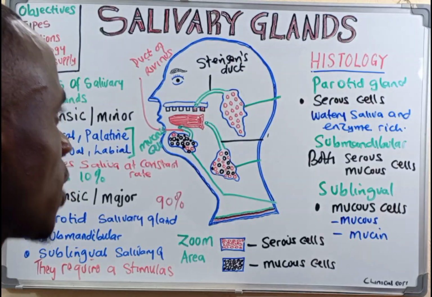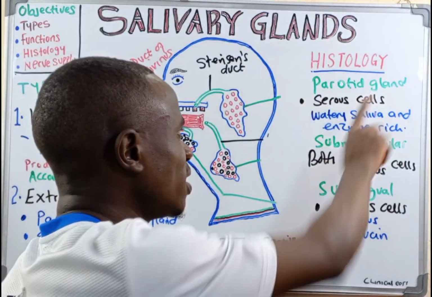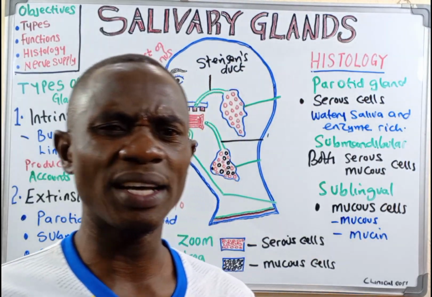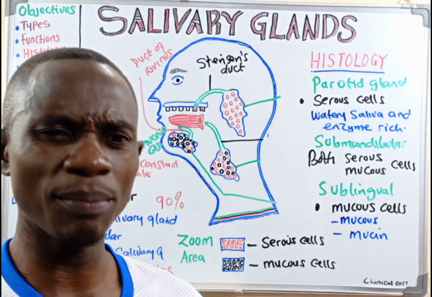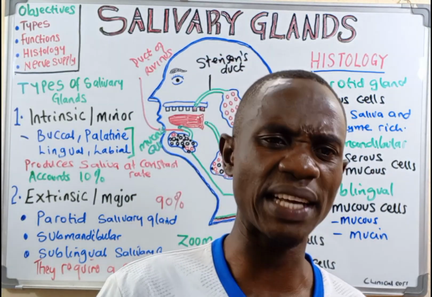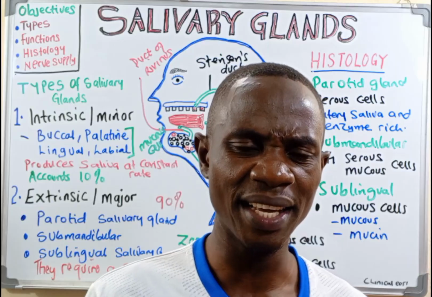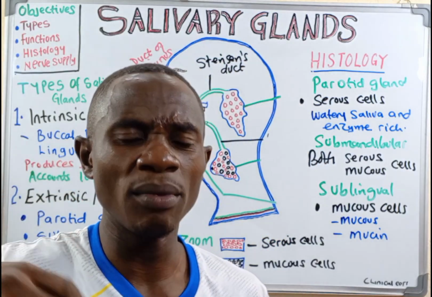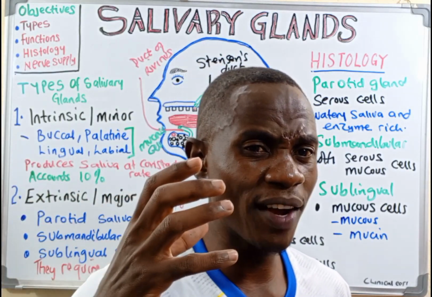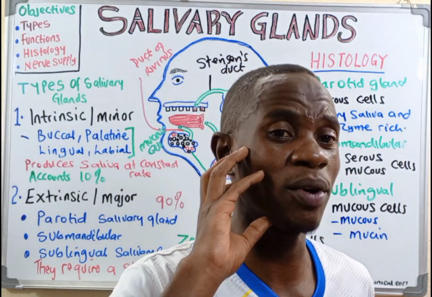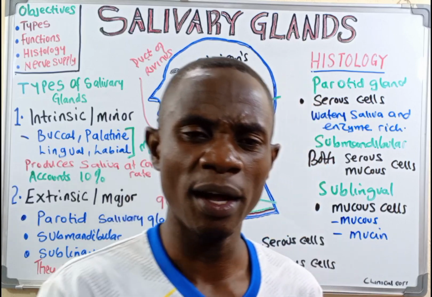Now, the parotid salivary gland, sometimes in children, can get affected by some kinds of viruses like the mumps virus. When the mumps virus attacks the salivary gland, it makes it swell. You'll find that, especially in children, the cheeks swell because of the infected parotid gland.